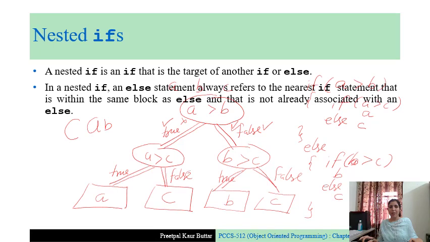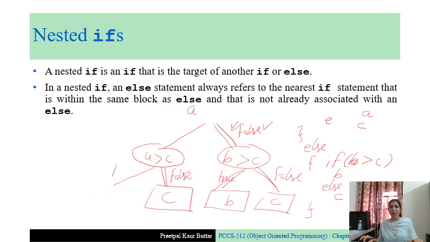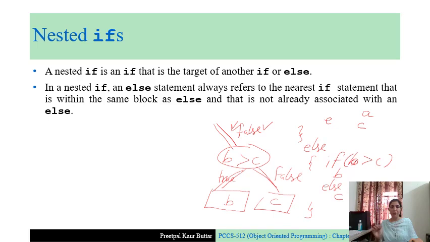The next statement is, let me clear this. In a nested if, an else statement is always associated with the nearest if that is within the same block as the else, and that is not already associated with an else. So I will take another example to make you understand this statement.